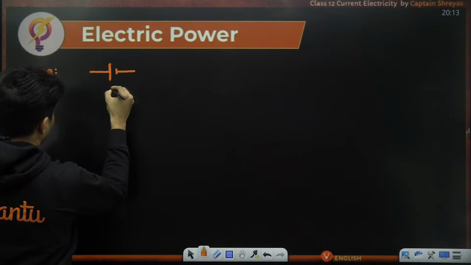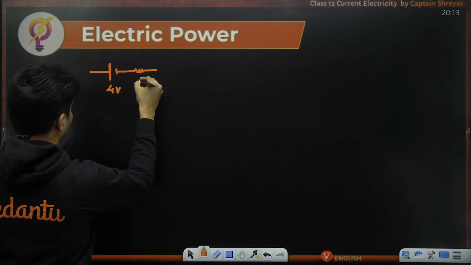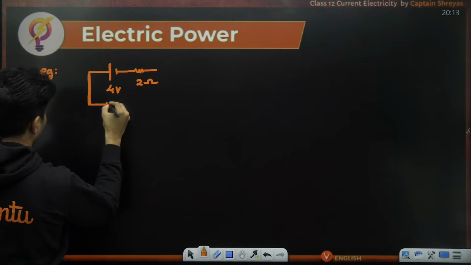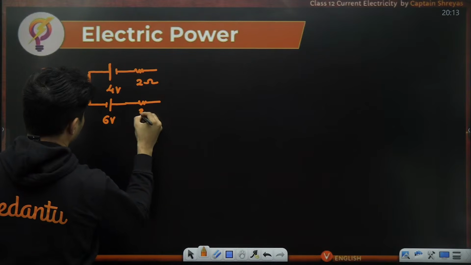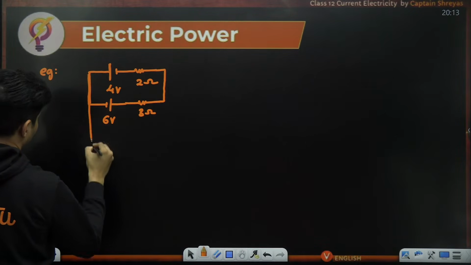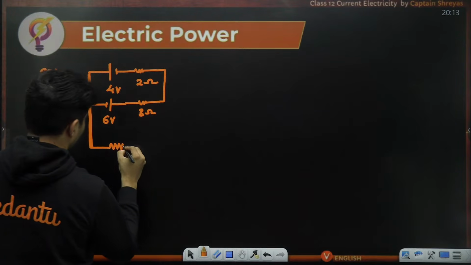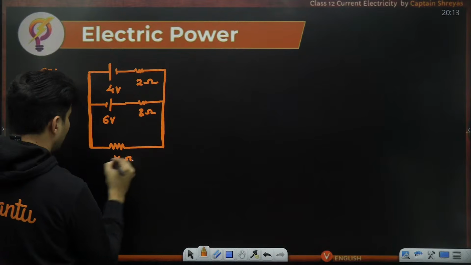Listen, there is 4 volts and there is some 2 ohms over here and there is 6 volts and there is 3 ohms over here and let's say there is some kind of x ohms over here.